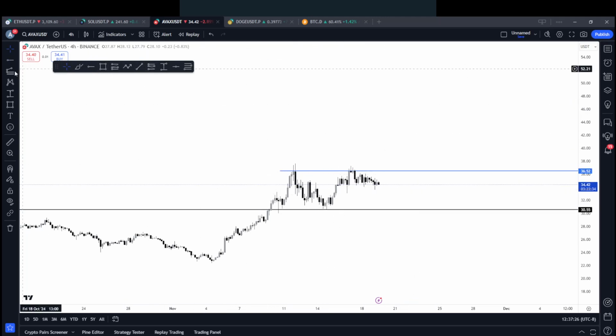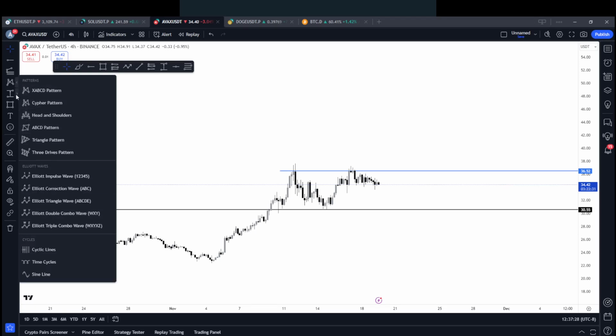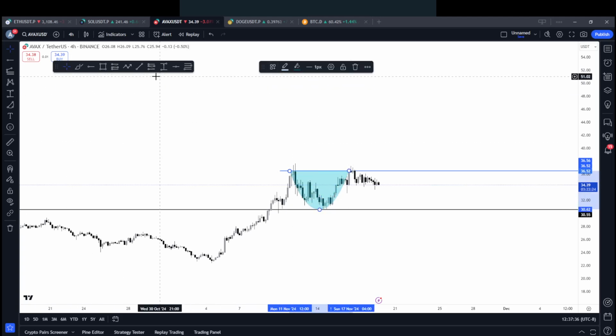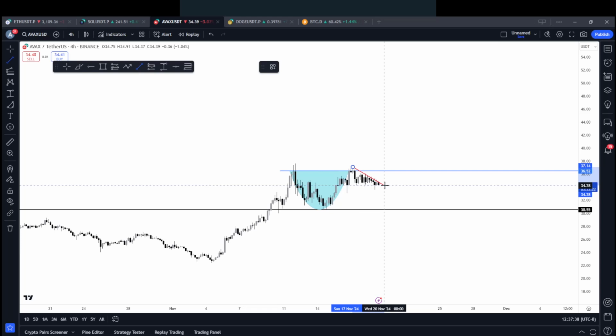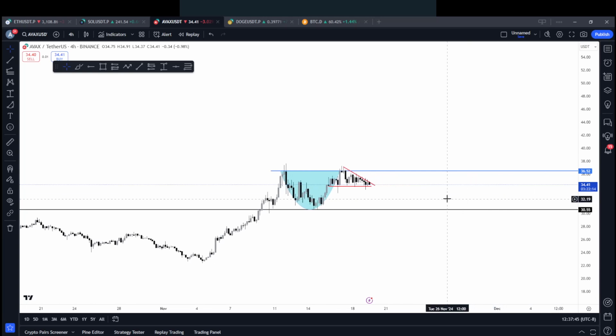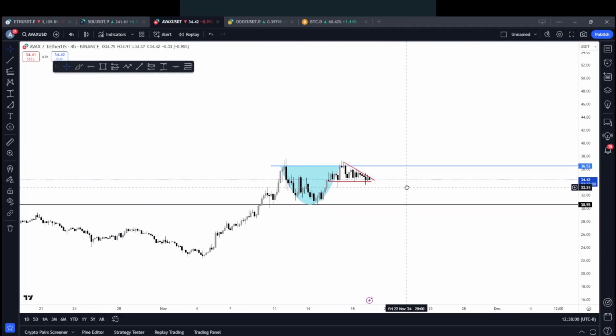We have the cup, and then we have the handle. Right? 3650 is our resistance, so break above that. But we are getting close to a decision point here. This either continues, we're at the apex of this triangle or this wedge. We saw what happened with Pepe, and I'll take a look at that as well.